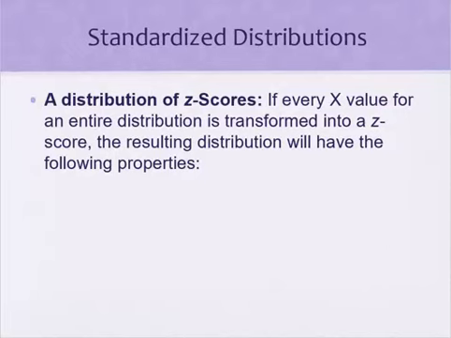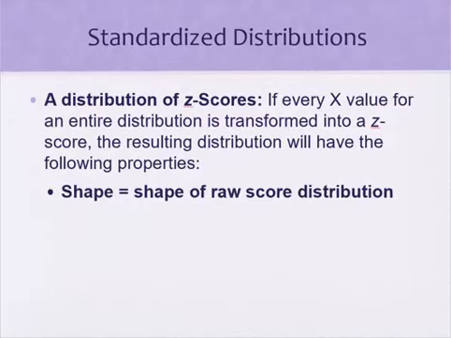And that distribution of z-scores would have some very specific properties that I want to talk about, okay? The first one is that it's going to maintain the shape of whatever the shape of the raw score distribution was, right? So the individual locations of z-scores compared to raw scores in a distribution don't change, right?